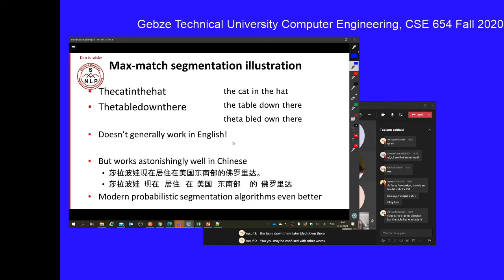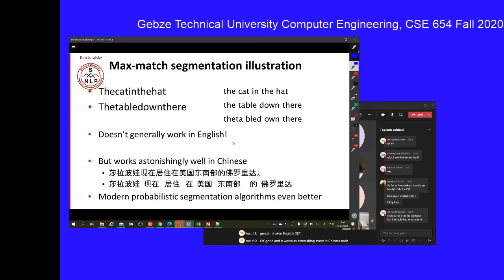The table down there and the theta bled on there are, without the spaces, exactly the same thing. Doesn't generally work in English. Okay, good. And it works astonishingly well in Chinese.